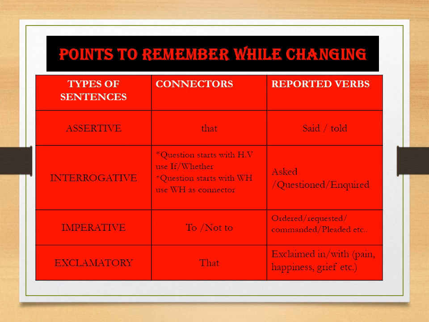Please remember every single change you make in changing from direct speech to indirect speech. You are getting your half marks. If you make the full sentence wrong, then your full 2 marks go, or else for every single change you have made, you get your half marks. So please read the question thoroughly, identify which type of sentence it is, and accordingly make the changes.